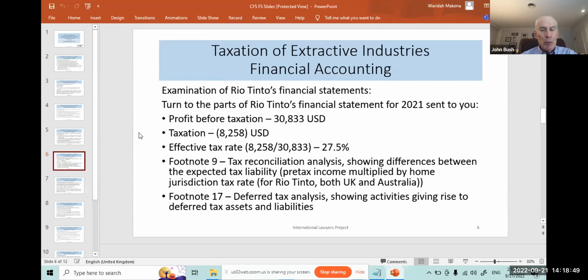I will say, just to put that in perspective, that's a fairly common figure for mining companies and oil and gas companies. Some of the high-tech companies have effective tax rates, or at least did historically in the last decade or so, of much lower effective tax rates. Some of them as low as below 10%.